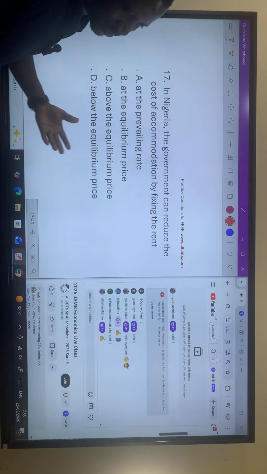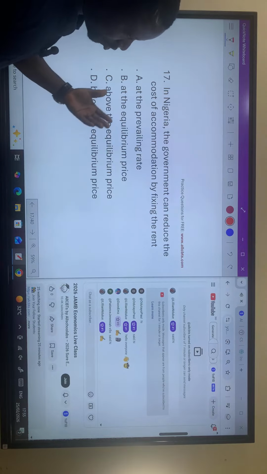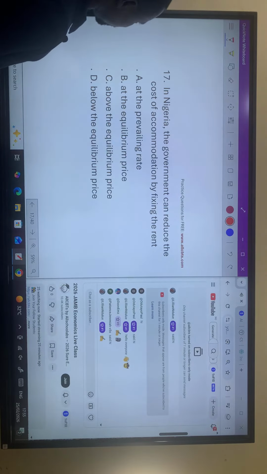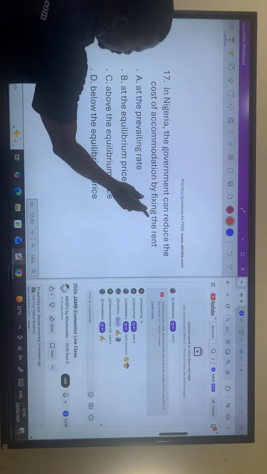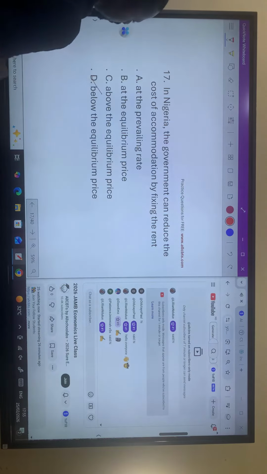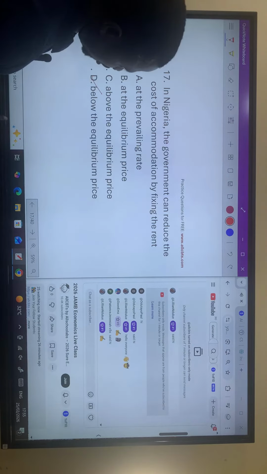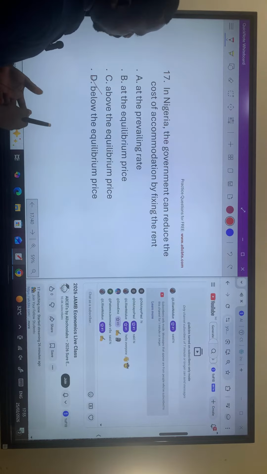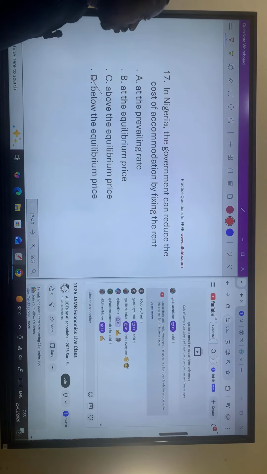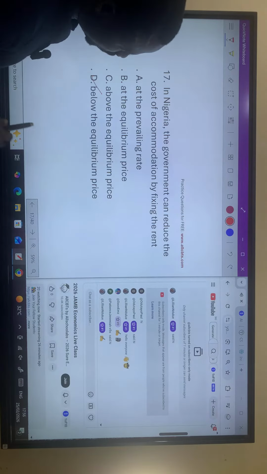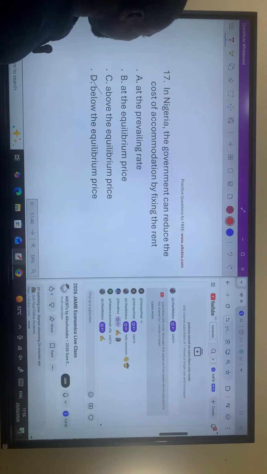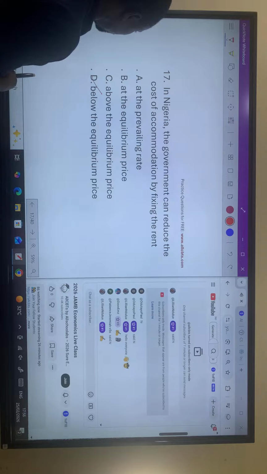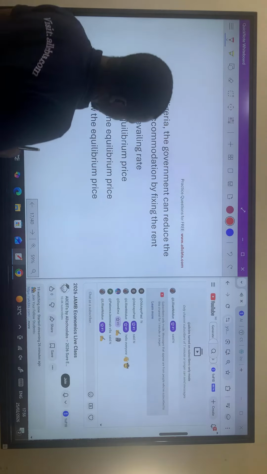So there will be scarcity. Eventually there will be what? Scarcity. But the implication is that fixing the rent below the equilibrium price makes the buildings or facilities more available, more attainable by the buyers or by the occupants. But for the suppliers, the mortgage companies and the builders, they are not encouraged to continue to build more at that particular price.